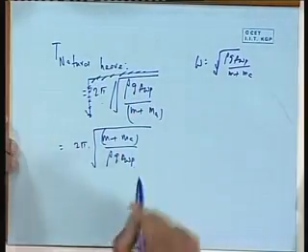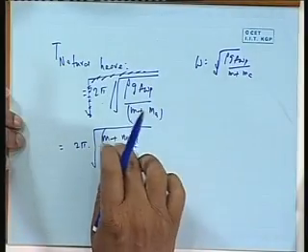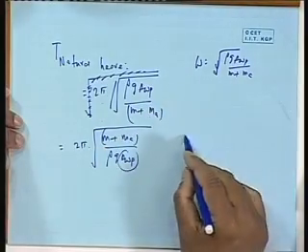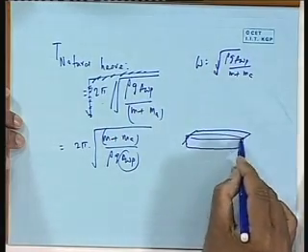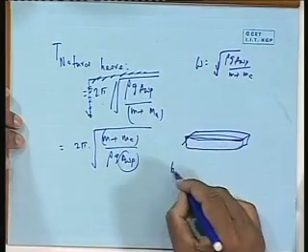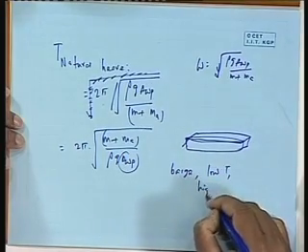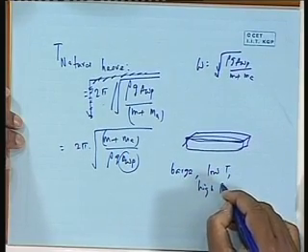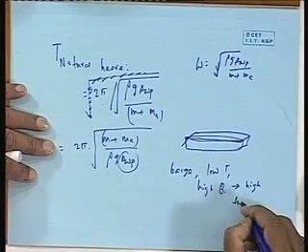What I want to say is that, as I mentioned earlier, if a ship has a large AWP but not so much mass, which means the ship is very shallow, like a barge, with a large beam, low T and high B, then B gives you a high AWP.